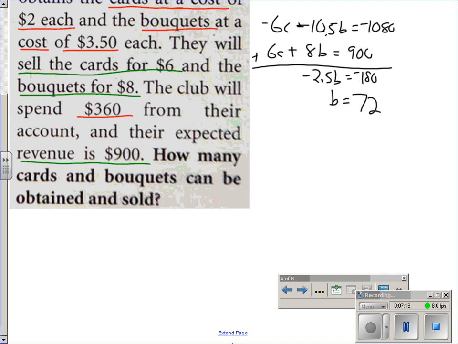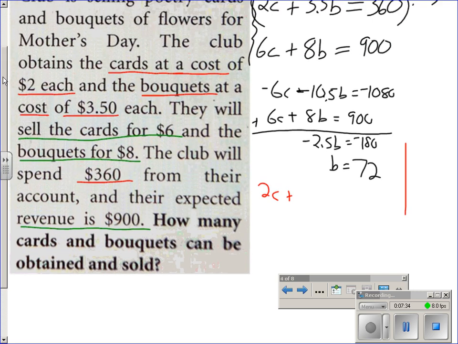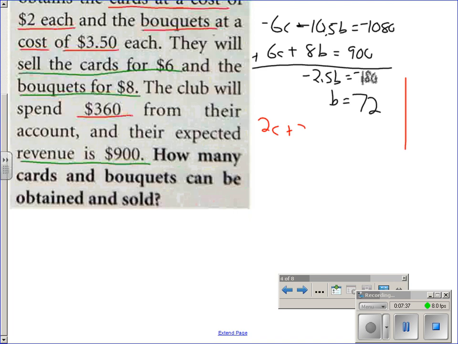Now, we need to solve for C. So the next step is plugging this back into one of the original equations. So 2C plus 3.5B, so 3.5 times 72 equals 360.